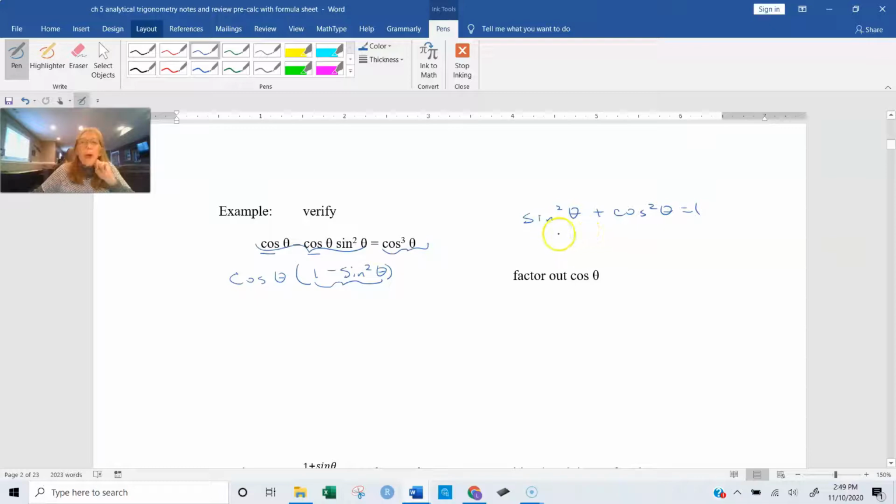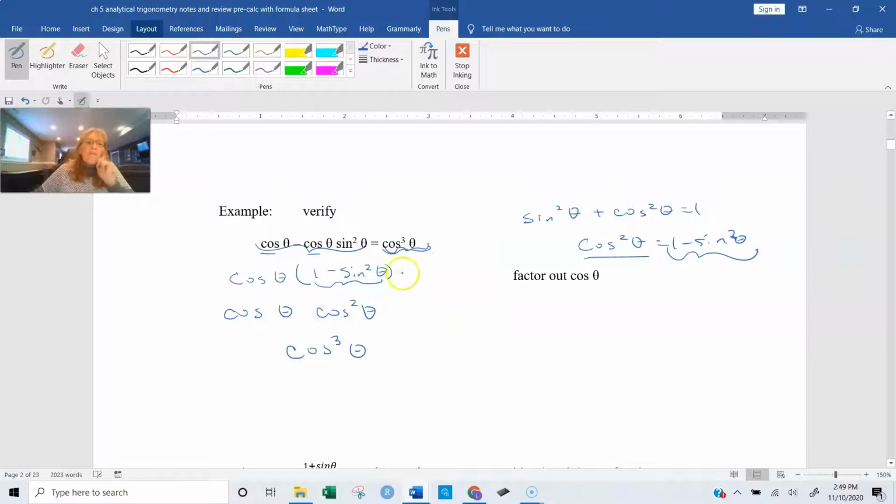So if we subtract the sine squared from both sides, we have the cosine squared of theta equals 1 minus the sine squared of theta. We can rearrange those identities any way that we need. Therefore, the cosine times 1 minus the sine squared is equal to the cosine squared of theta. So now I have the cosine of theta times the cosine squared of theta. Well, that's simply the cosine cubed of theta.